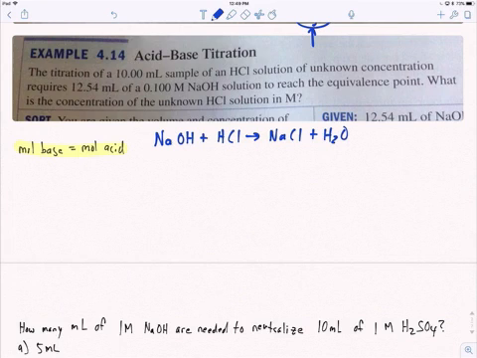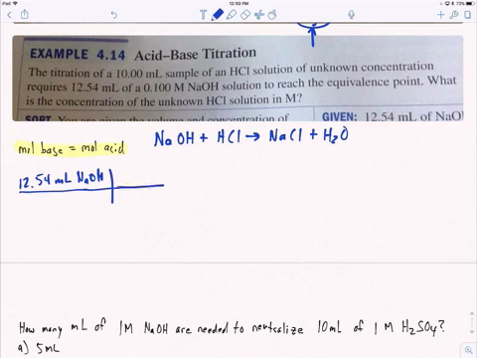Okay, so how do we do this? We can do this via dimensional analysis. It's the easiest way to do this. We can look at sodium hydroxide, so 12.54 milliliters of NaOH, and 1 liter to 1,000 milliliters.